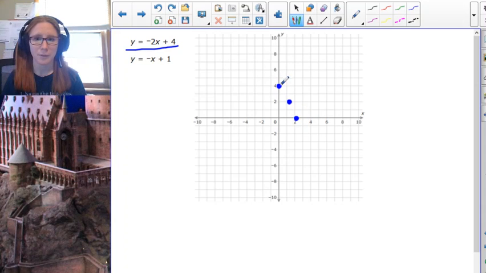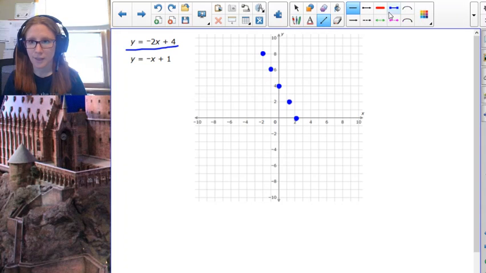And then I could go backwards, going back to my y-intercept and doing the opposite: up 2 to the left 1, and up 2 to the left 1. And then I can make a handy dandy line and color it blue.